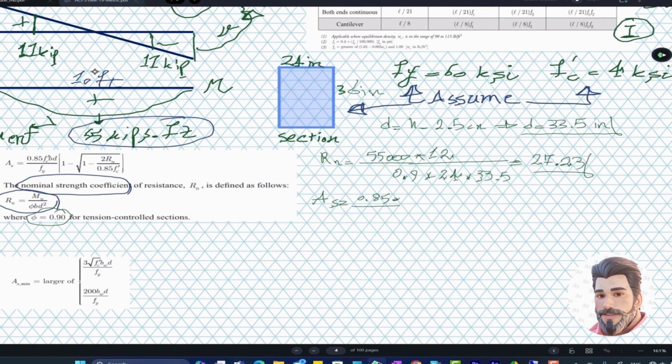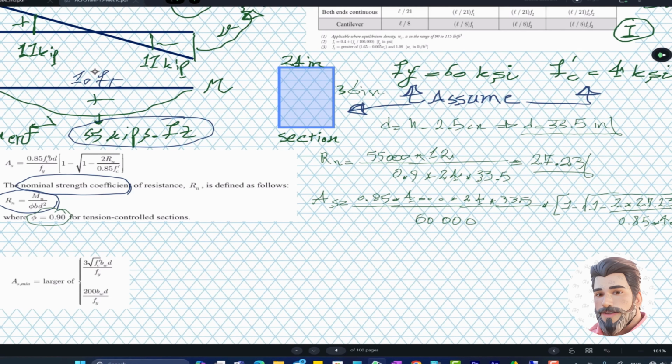Then, according to the formula proposed by ACI 318.19, we obtain the required cross-sectional area of the steel or rebar for the concrete cross-section of the simple beam. Based on this formula, we calculate Rn and then we calculate As.